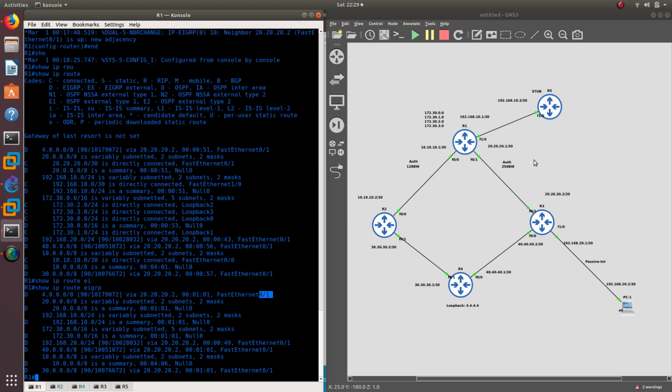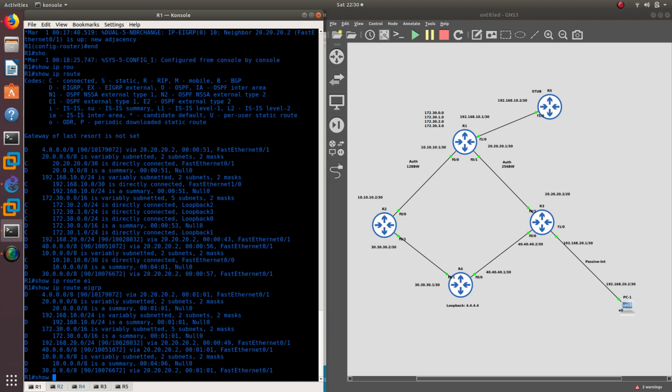That's because, if you take a look at the network topology, you can see that the bandwidth for FastEthernet 0/1 is 256, and for FastEthernet 0/0, which could be another way to get there, it is 128 bandwidth. Since it is slower than FastEthernet 0/1, it is not in here. So it is not load balancing, and that's something that I want to do. I want to load balance that.